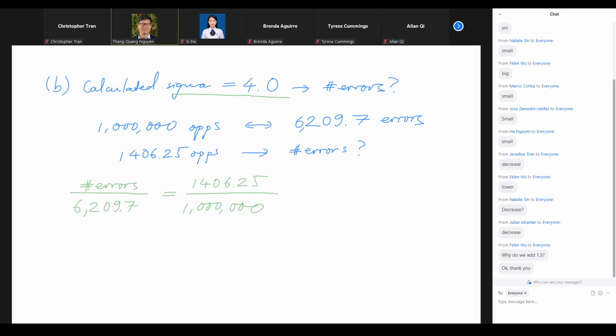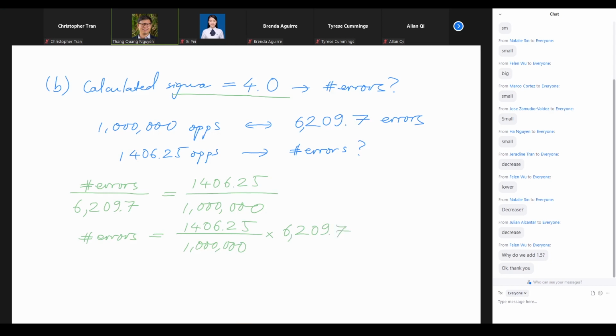And to solve for this, we just rearrange the terms. The number of errors would be equal to 1,406.25 divided by 1 million, multiplied by 6,209.7.